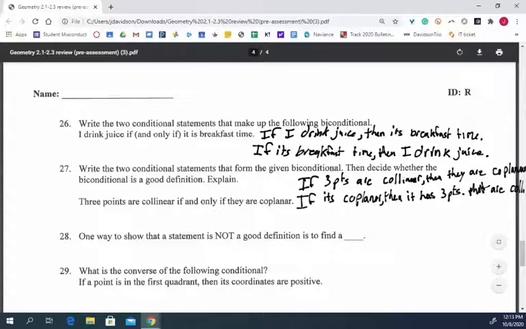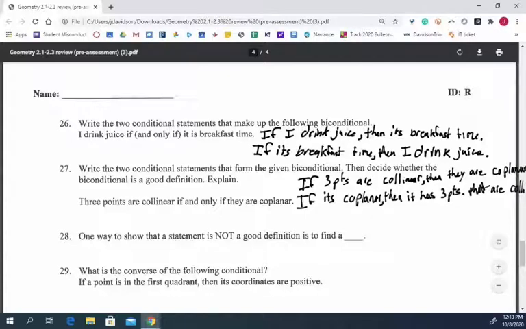What's collinear mean? Same line. Any 3 points are coplanar. So 3 points are collinear if they are coplanar. That's not necessarily true because the 3 points don't have to be in a line to be coplanar.